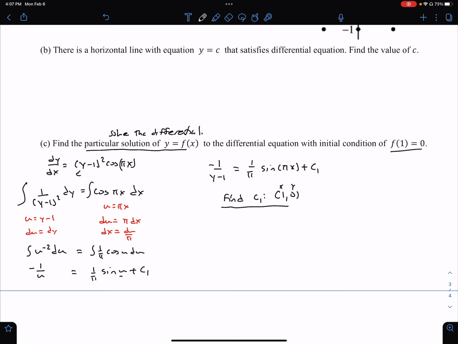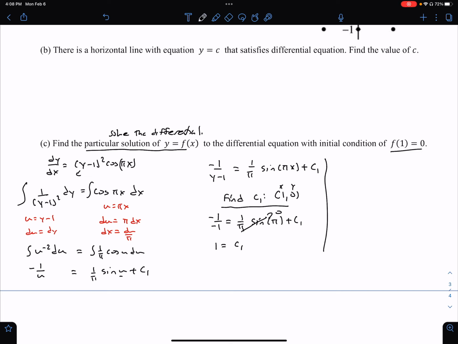Negative 1 equals 1 over pi sine of 1 pi plus c1. Oh, look how nice this is. This turns out brilliant. This becomes 1 equals sine of pi is just 0, equals c1. So c1 is just 1. Oh, how lovely is that?